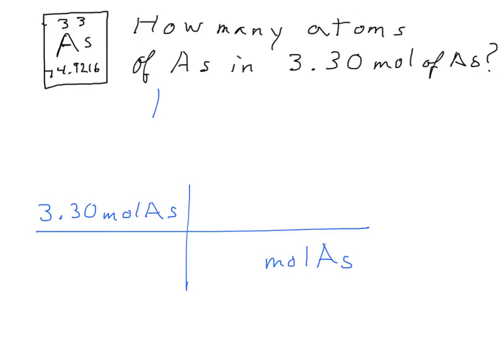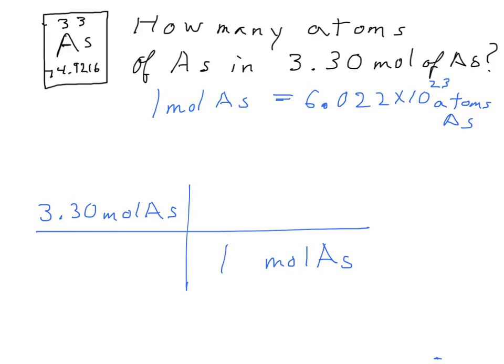Well, by definition of a mole, I know that 1 mole of anything, arsenic, turnips, or baseball players, is 6.022 times 10 to the 23rd of it.